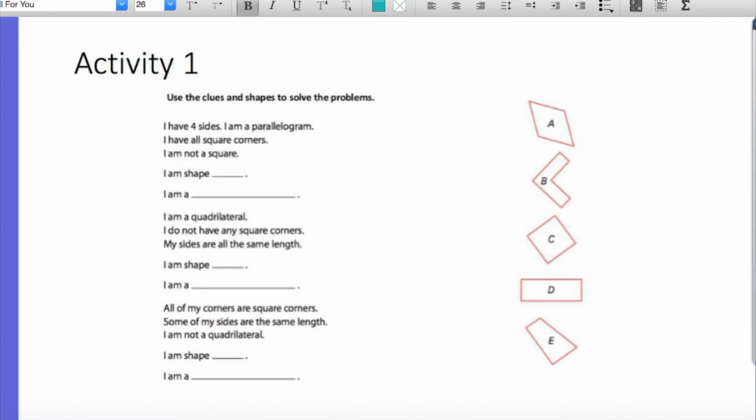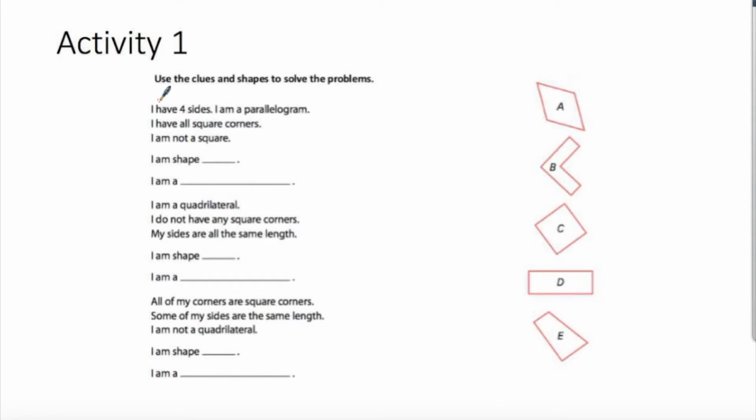Okay, so looking at activity 1, this is in your packet, and they have asked us to use clues and shapes to solve the problems. So we've got 3, there's 1, 2, 3, and I'm going to give you a minute to pause the video if you need to and work on this. So I'll read through it and then give you a second.